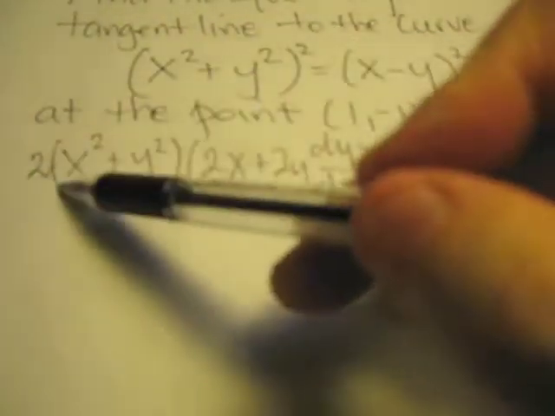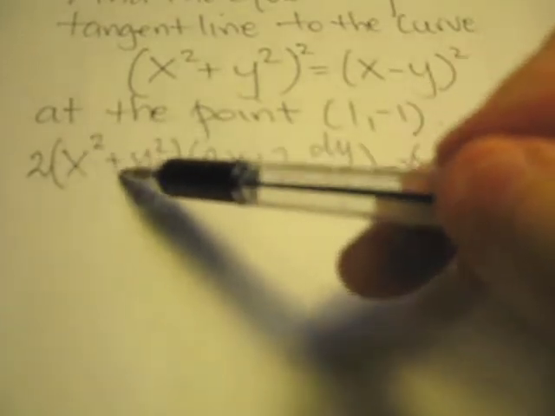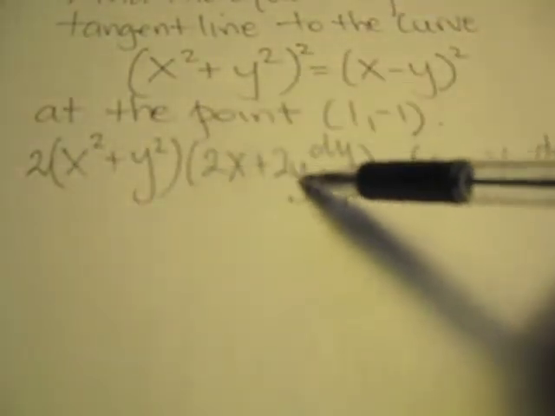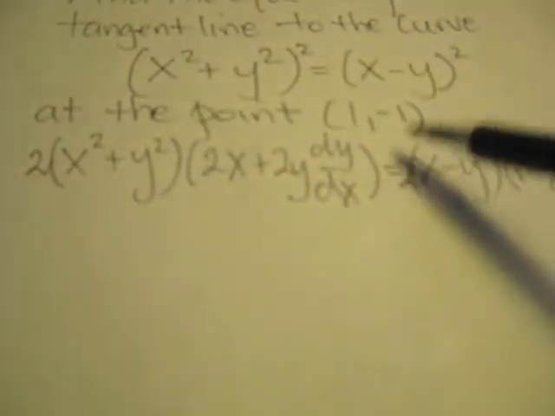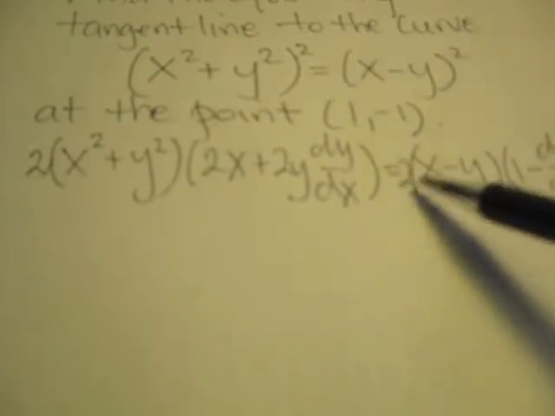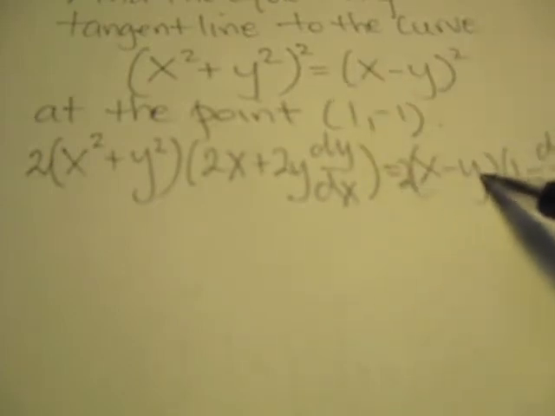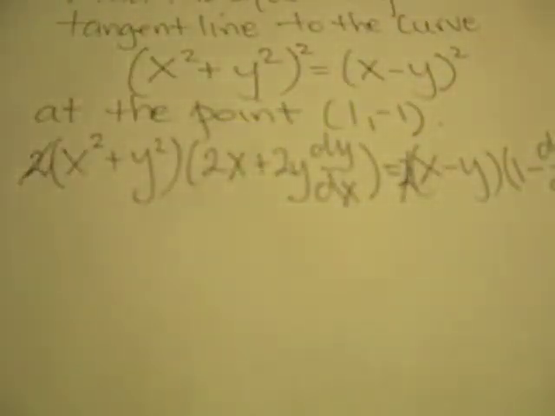The power rule: 2 by this function, x squared plus y squared, by the derivative of the inside function is equal to, bring the 2 down, power rule, x minus y, and then the derivative of the inside function, which is 1 minus dy on dx. Now of course, clearly we can cancel by 2.